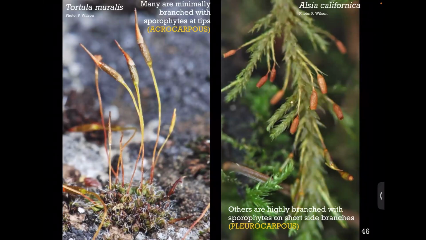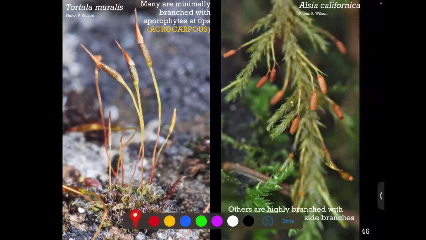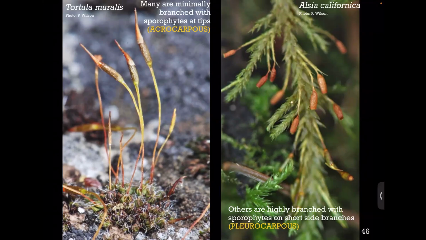Here's a couple words worth knowing. So I've talked about the pleurocarpy, and pleurocarpy are characterized by being pleurocarpous. And what that means is that the sporophytes are borne on the sides of the main stems. They're actually borne on very short lateral stems. And it turns out that really only the pleurocarpy are truly pleurocarpous. And then all the other mosses are more or less acrocarpous.